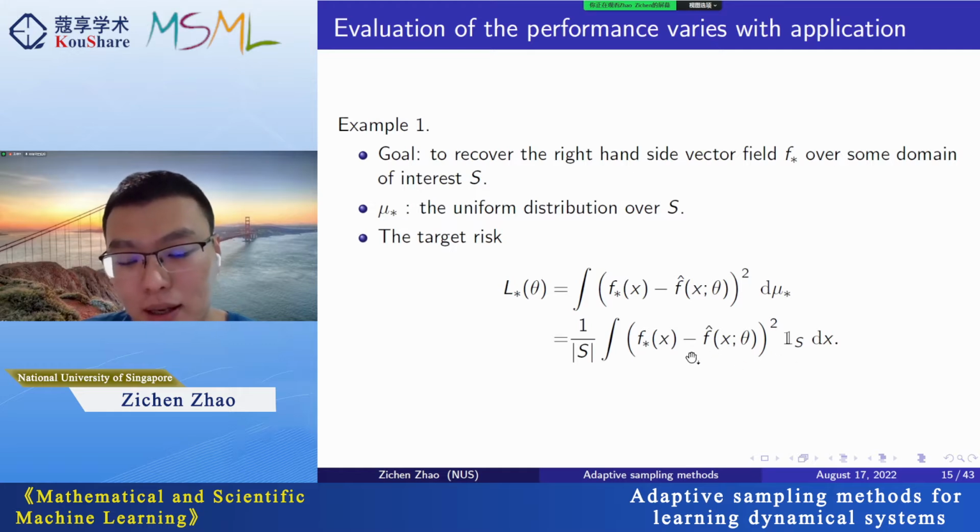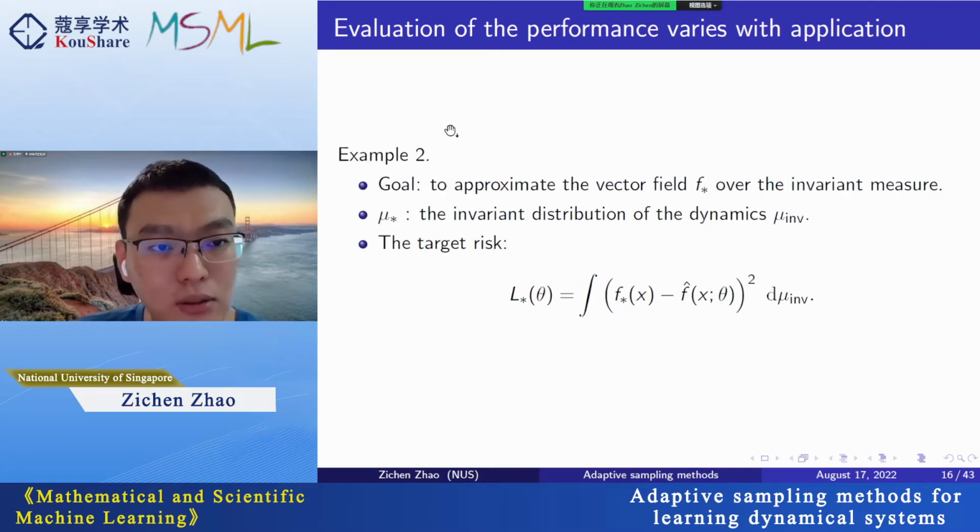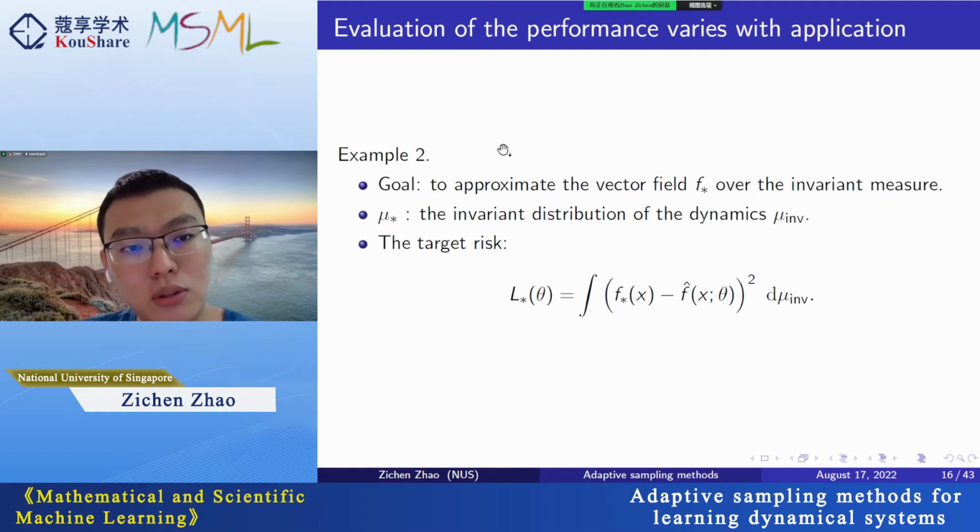That's the MSE over the uniform distribution of S. And in example 2, the goal is to approximate the vector field f star over the invariant measure. So in this case, mu star should be taken as the invariant distribution of the dynamics, right? And then the target risk can be expressed in this form.